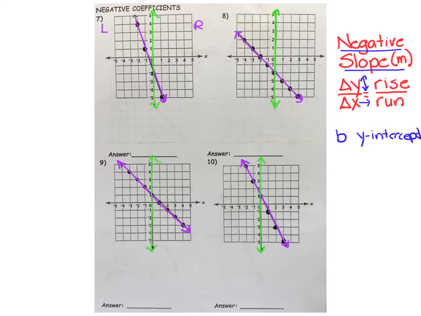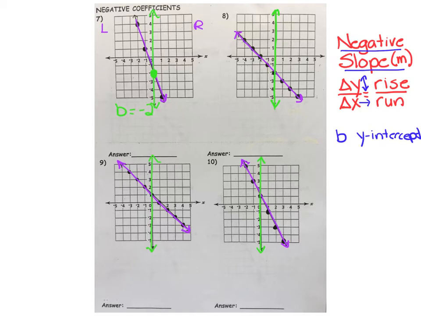As you can see, I've highlighted the y-axis on each of the coordinate planes. For number 1, our y-intercept is located at -2, so we're going to jot that down.